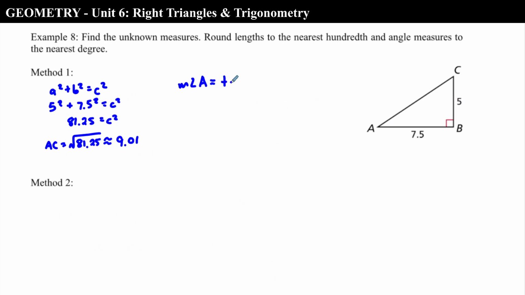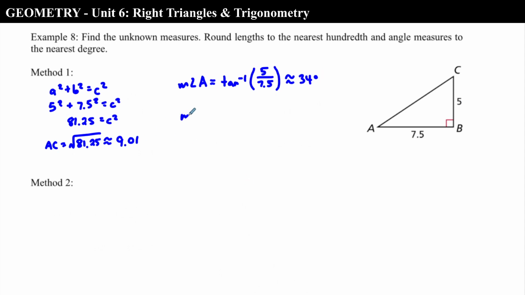So you're going to use the inverse tangent. Inverse tangent of opposite over adjacent to find that angle measure. Tangent will operate on angle measures. Inverse tangent is going to operate on your side ratio. And this is going to be approximately 34 degrees when you put it in your calculator.